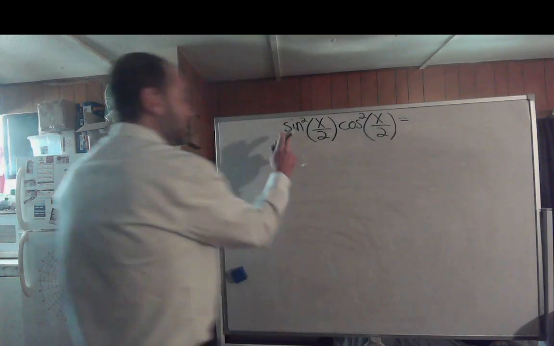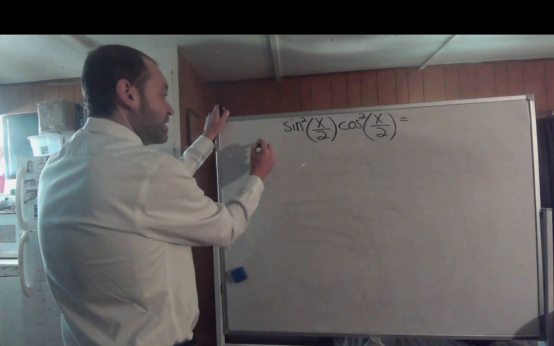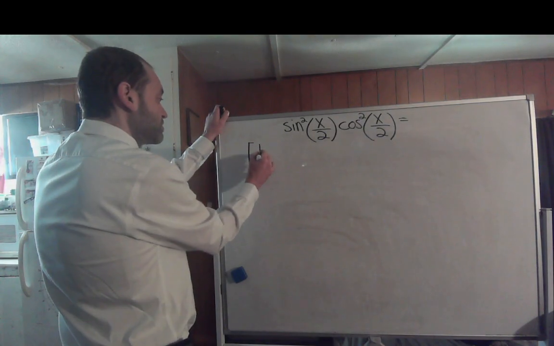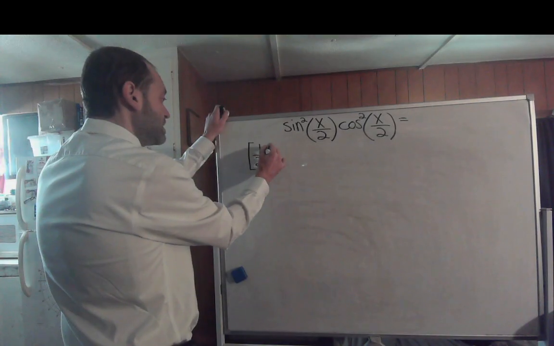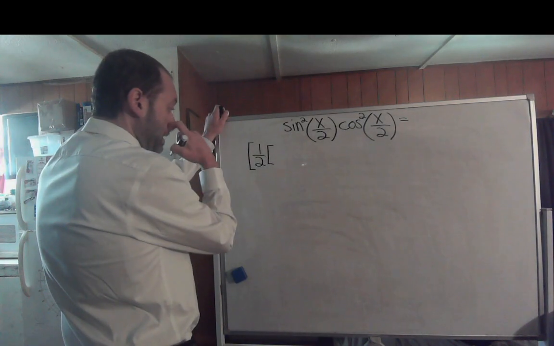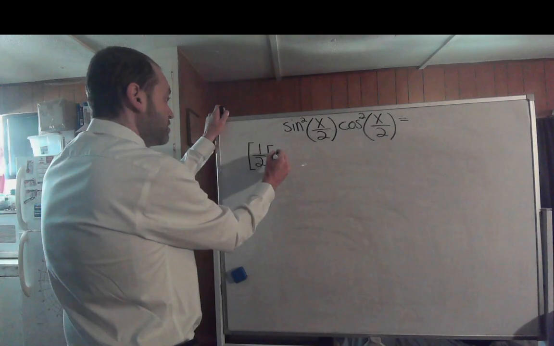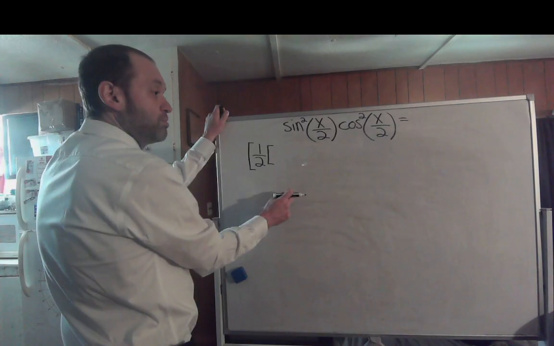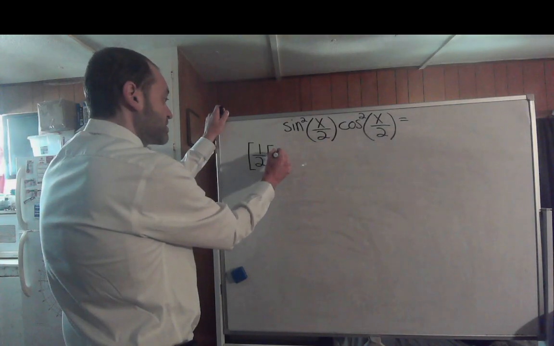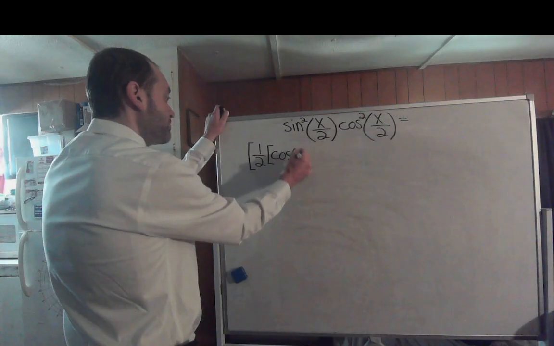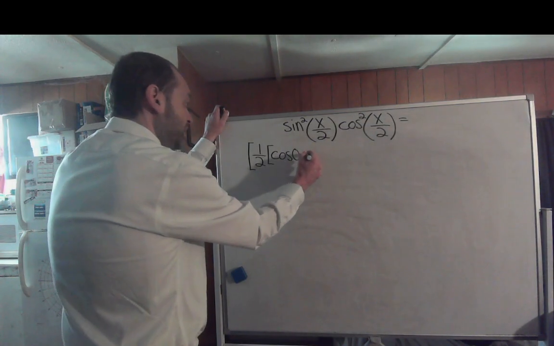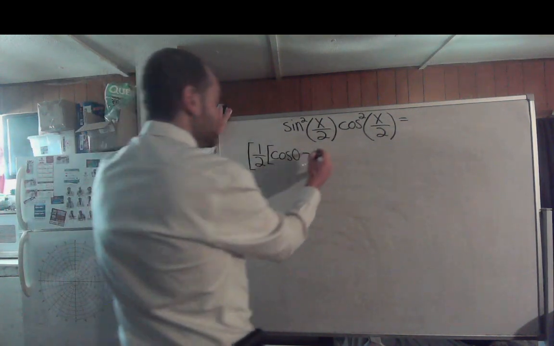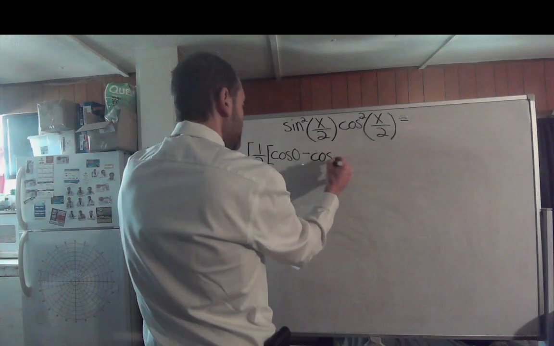So let's deal with the sine squared of x over 2. This is going to be equal to 1/2 times the quantity of, let's see, so the cosine of x over 2 minus x over 2, that's just the cosine of 0. Then minus the cosine of x over 2 plus x over 2, that's just the cosine of x.